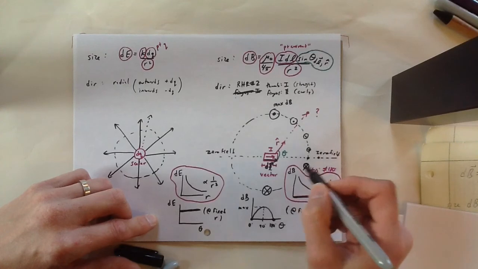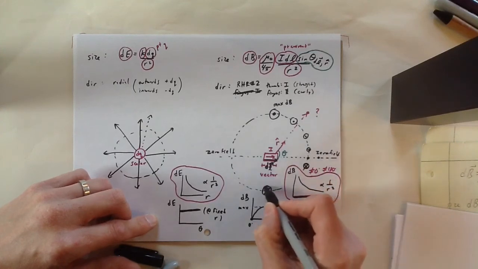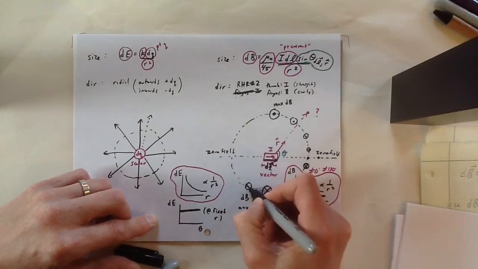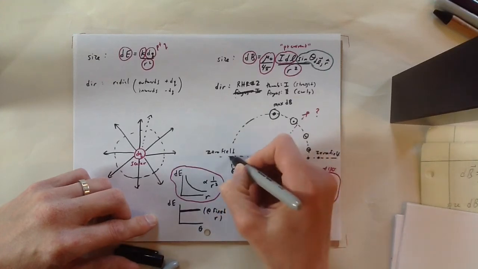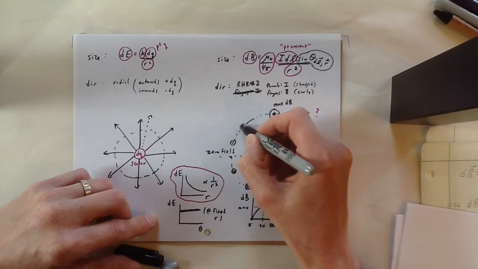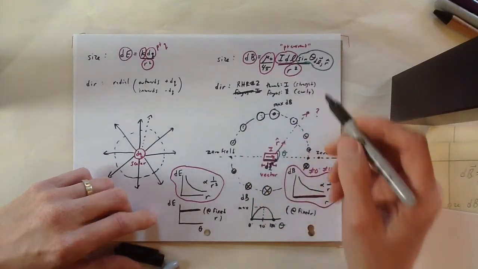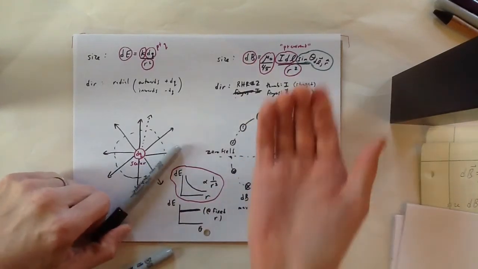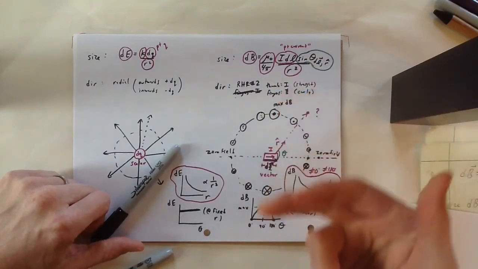So now it's inward, inward, inward, until it becomes maximum again over here, and then smaller and smaller, and again crossing here, it's 0, and then it points out, getting bigger. So that's basically what the field lines look like. They wrap around this current.